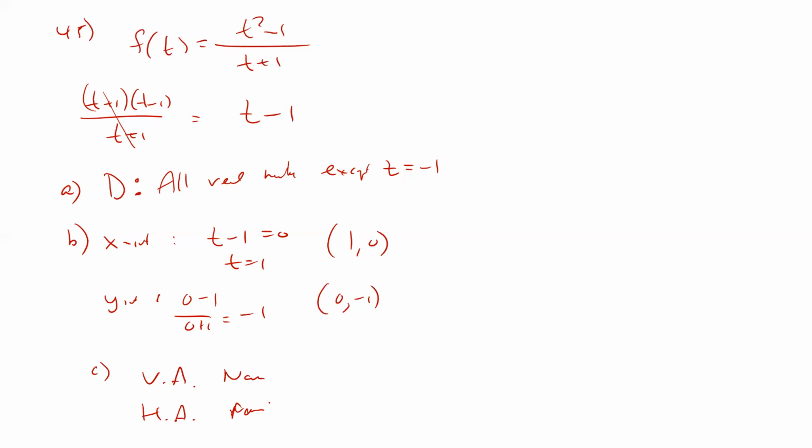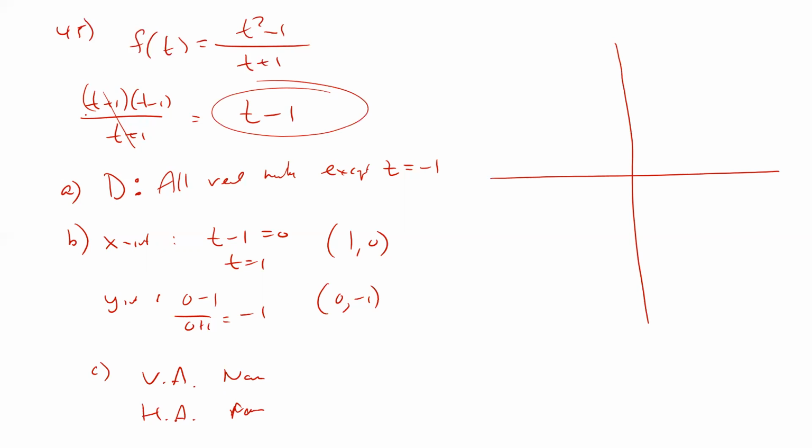And then D says, let's graph this. Notice that our factored form just became a linear equation. We have no vertical asymptotes and no horizontal asymptotes. We know this graph goes through (1, 0) and it goes through (0, -1).